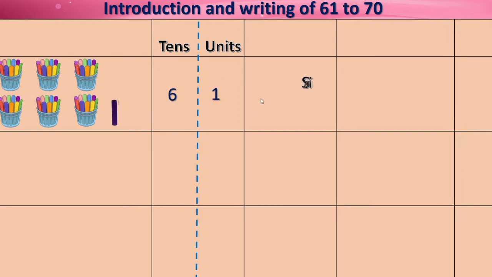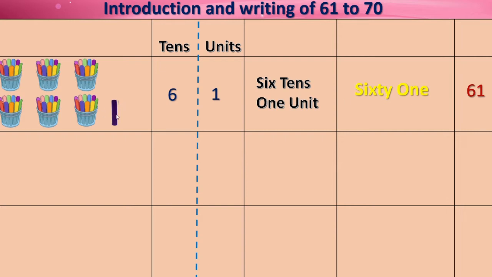That is nothing but 6 tens and 1 unit. Same thing in number 61, because you know that there are 60 ice cream sticks in 6 baskets. Each basket has 10 sticks, right? So this is 61, and in numeral we write 60 and 1, that is 61, right?